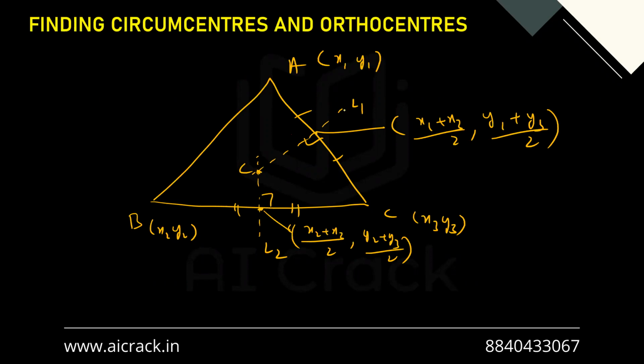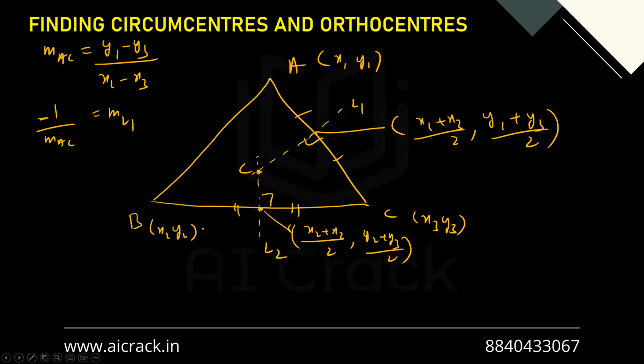Now how do we find the equations of both L1 and L2? We know the slope of AC, that would be y1 minus y3 divided by x1 minus x3. Now this line is perpendicular to AC, so its slope would be minus 1 upon MAC. The slope of L1 would be ML1. Now we know the slope, we know the point, so we can find the equation.